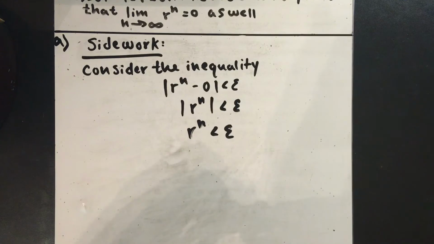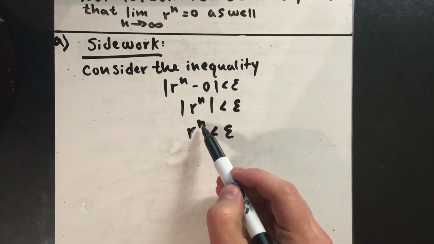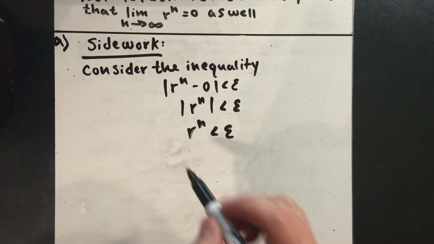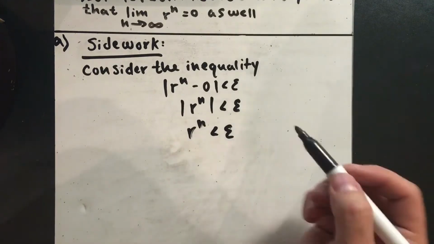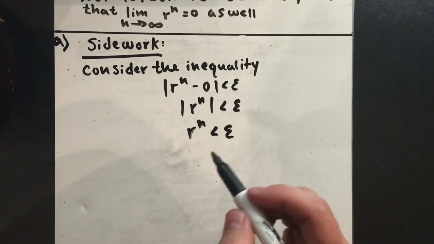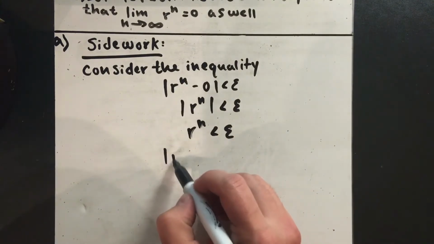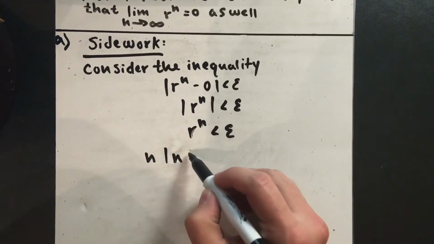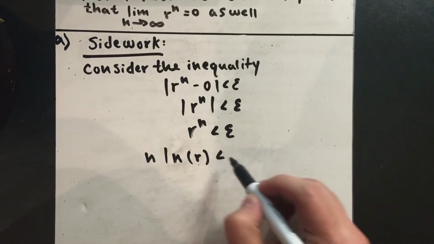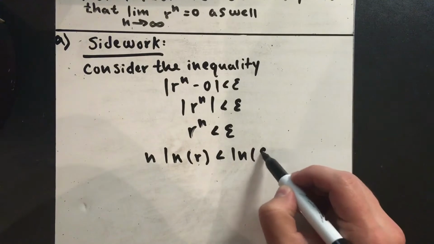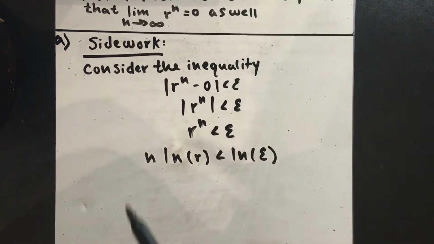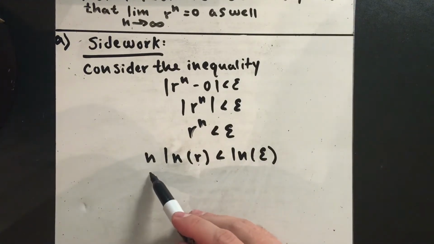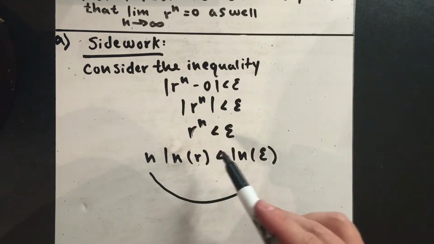The next step we want to take is to bring this n down from the exponent part of r. And to do that, we could take the natural log on both sides of the inequality. The next step we want to take is to get this n on the greater than side.